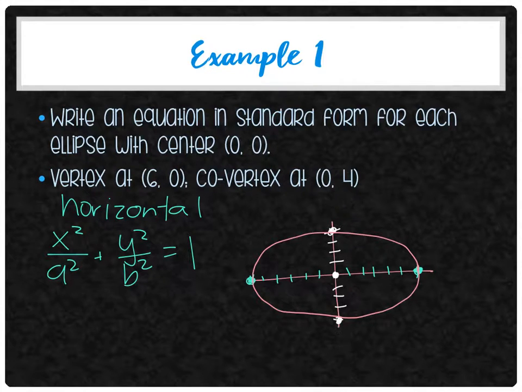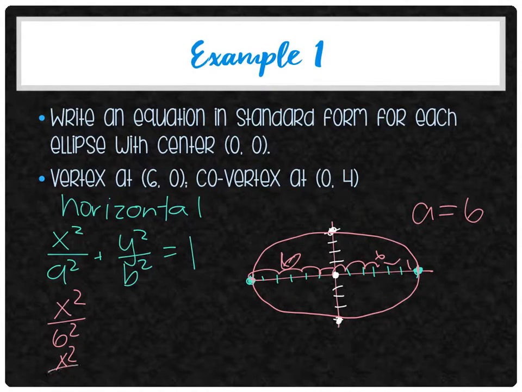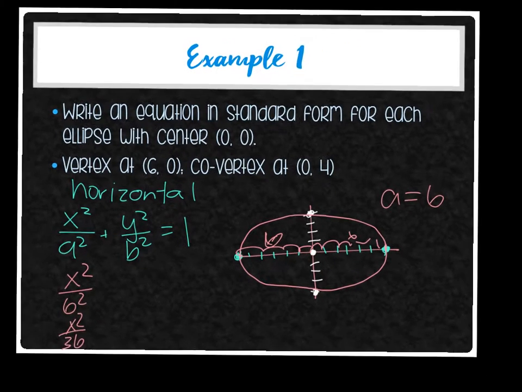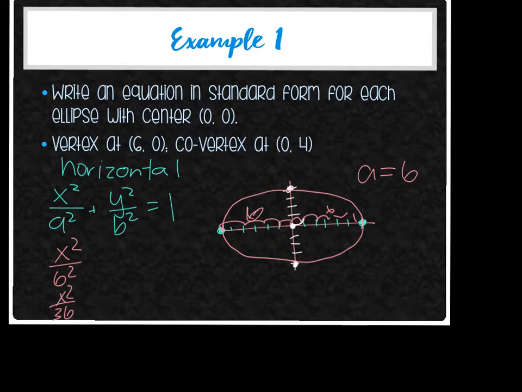So now the distance in between here, 6 and 6, those are your a's, right? So a is 6, which means a squared is going to be 36. And the distance from 0 to the co-vertex, which was 4, is your b.